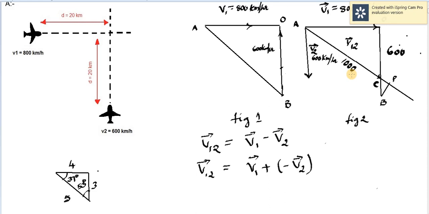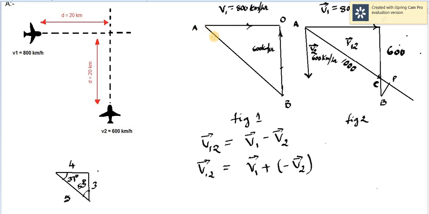And now we need to find out BC here. We know OC here. OC is 600. We need to find out BC. So what is BC? When A starts from this particular point, it would reach point O, which is at 20 kilometers from this point.